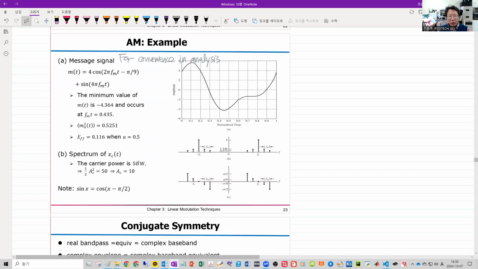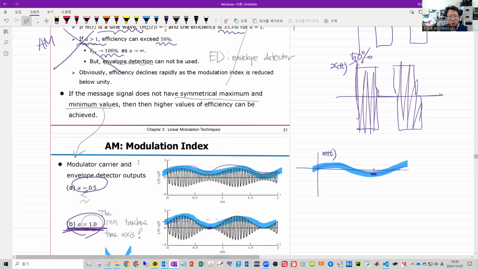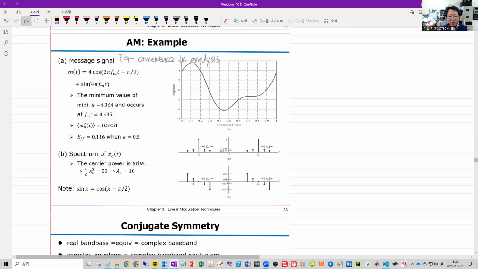And here is a more quantitative example, because this was so qualitative. For convenience of analysis, let's assume our message signal has 2 sinusoidal components and looks like this one. Here is the minimum value: m(t) is negative 4.364 at time-frequency product 0.435. We can also compute the average power of the normalized message signal as 0.5215251.